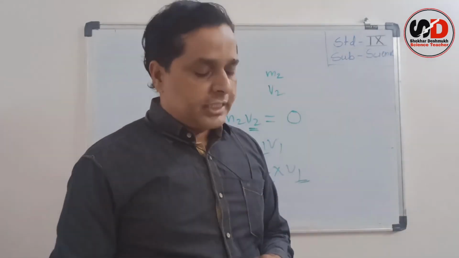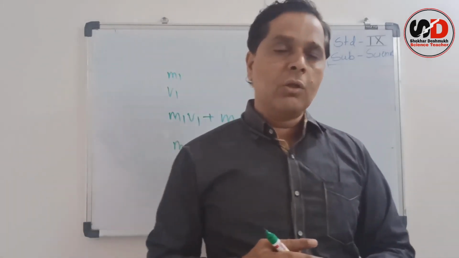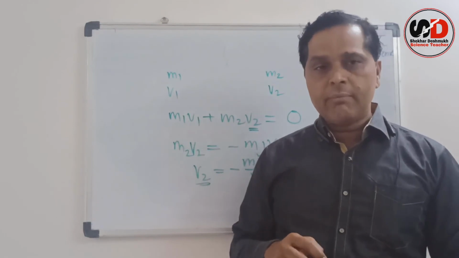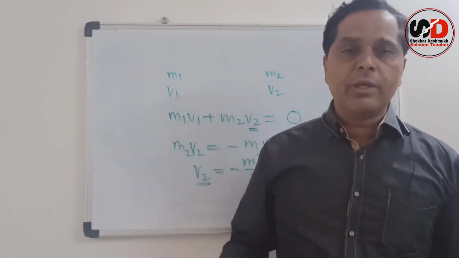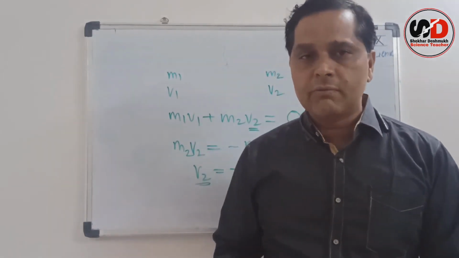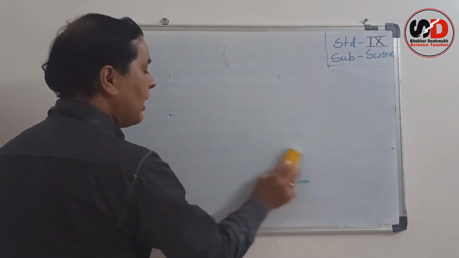So this is nothing but the conservation of momentum, law of conservation of momentum, and example of some conservation of momentum. We can easily solve examples which are related to the conservation of momentum by using the formula.